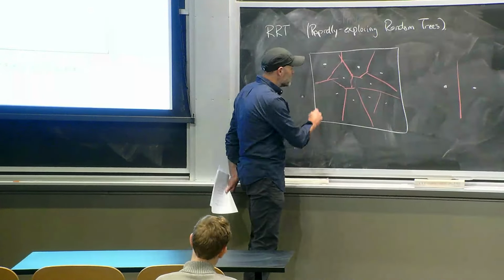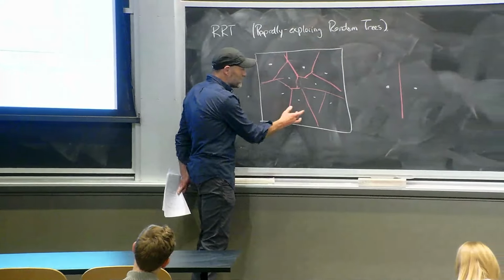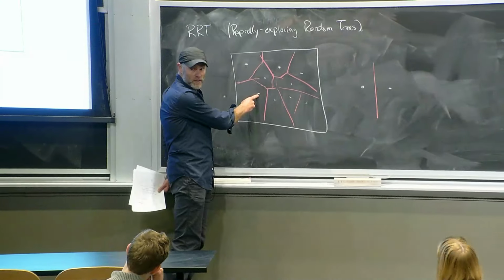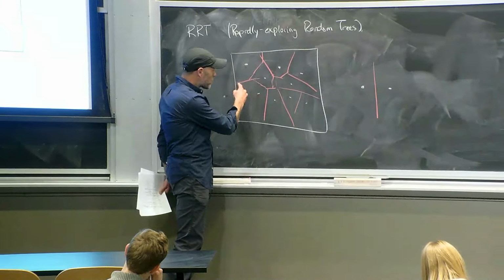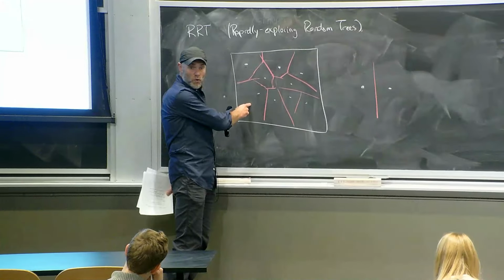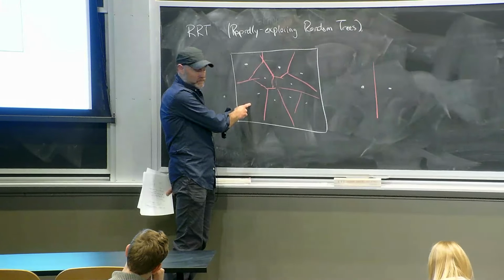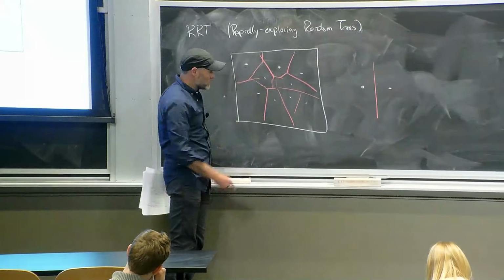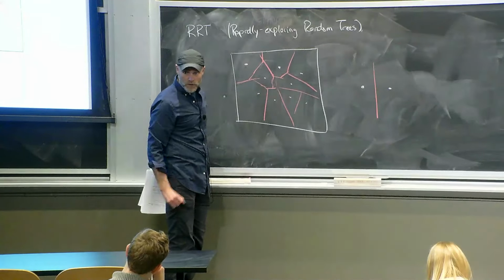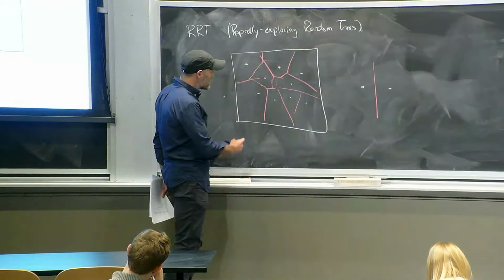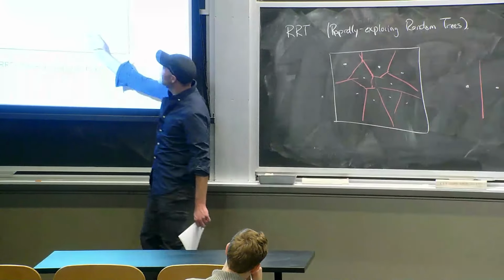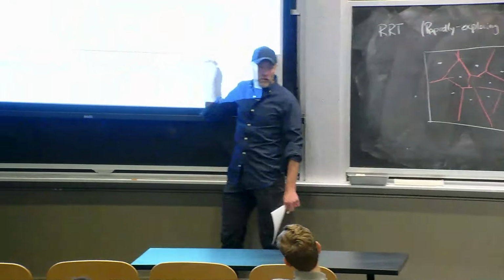The probability of choosing the closest point to be this point is proportional to the volume of the Voronoi region. So the size of the Voronoi regions tells me the probability of extending from that node. Initially, the points on the boundary have a big Voronoi region.